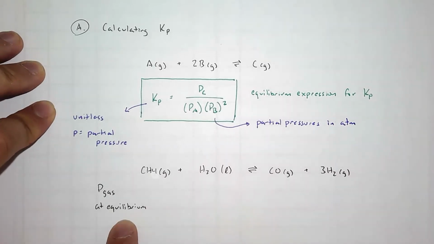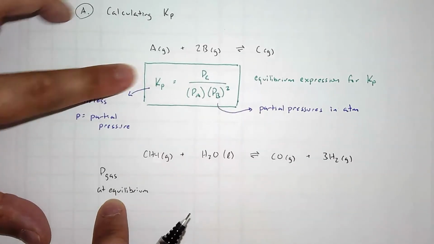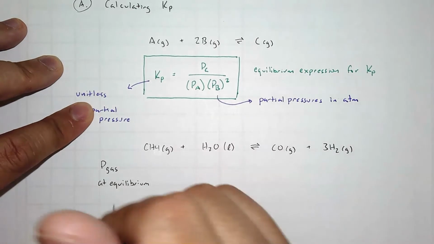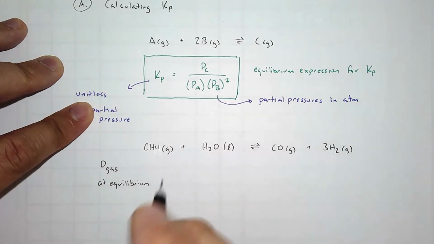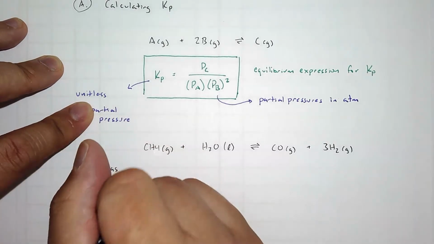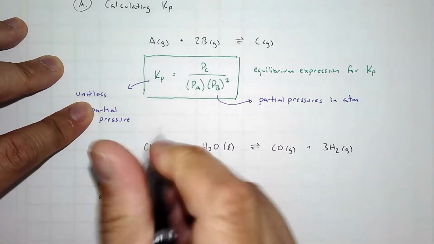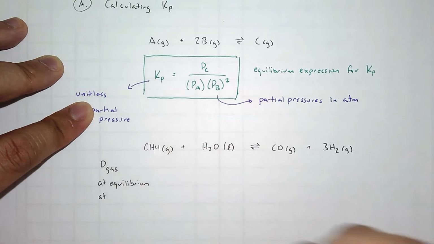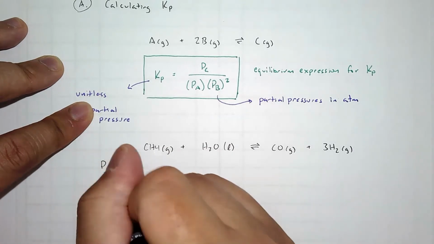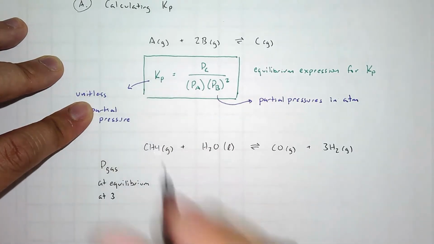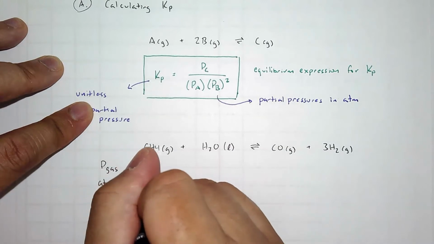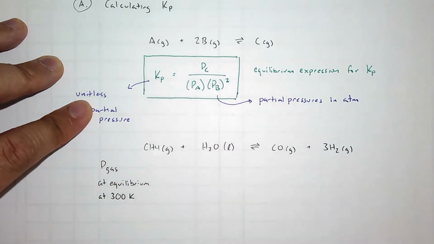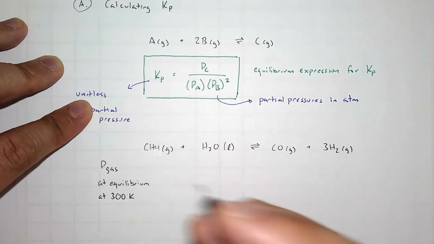But let's just focus on at equilibrium to figure out Kp. And also there's a temperature, because equilibrium constants are temperature dependent, and I'm just going to randomly pick 300 K. Okay, here are the values.